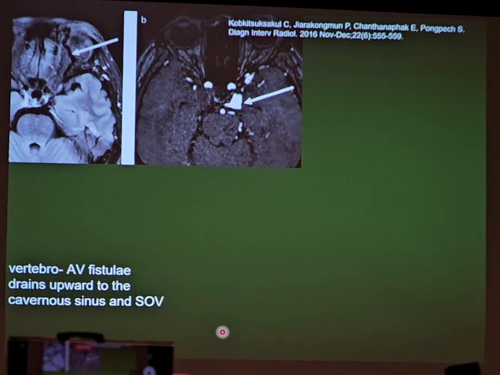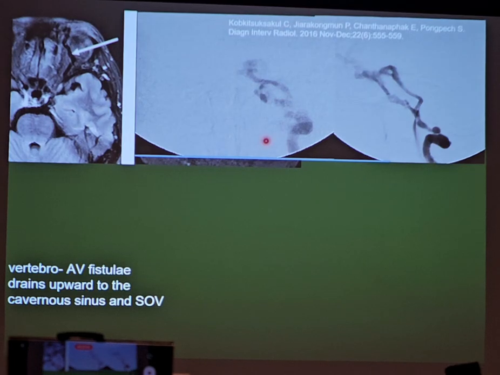We published this together with the team when we were seeing these dilated ophthalmic veins and something at the cavernous sinus of the same side, and we were not able to find anything from the carotid injection. So this is the vertebral injection.